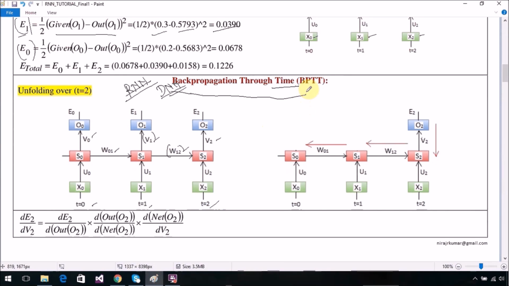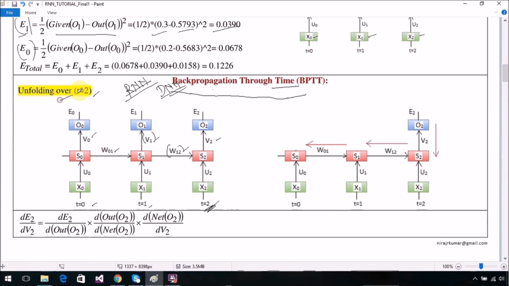So instead of applying a traditional backpropagation algorithm, we apply the backpropagation through time algorithm. So we start our backpropagation algorithm from our last input. So we have the last input at t is equal to 2.